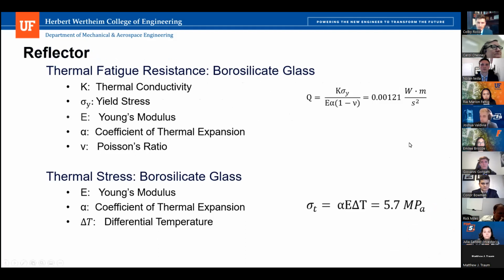So we went with the borosilicate glass. Really, the biggest factor here is that the coefficient of thermal expansion is a factor of 2 less than the most common soda lime glass, and it's a third less than some other leading manufacturing glass out there.